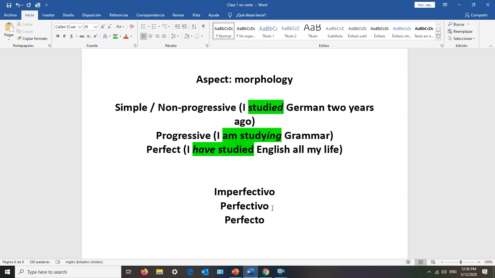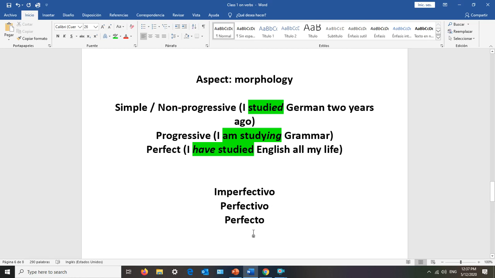Now, futuro simple o futuro imperfecto y condicional simple, right? Futuro imperfecto, futuro simple, also called by some grammarians, and condicional simple may be taken to be perfective in some contexts or imperfective in some other contexts.